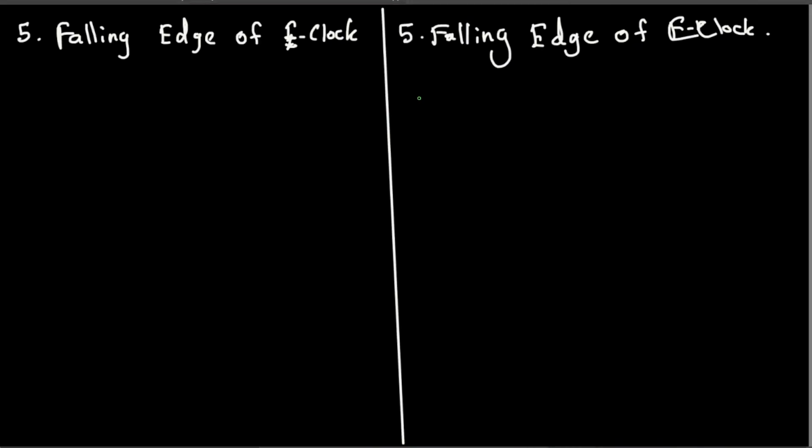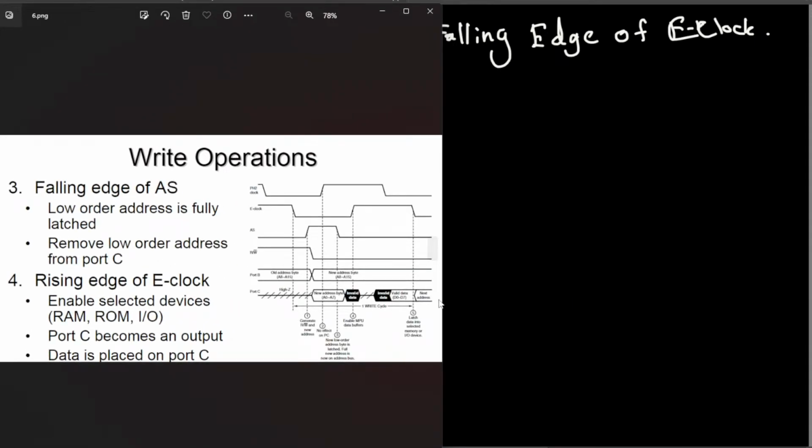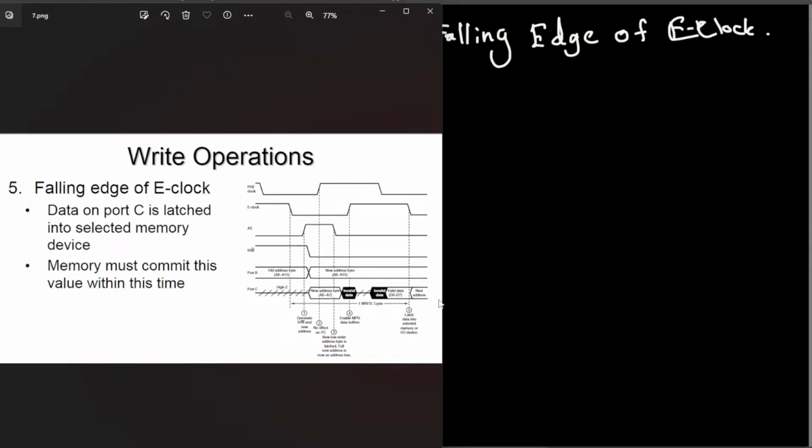The last one, we have to know what happens at the falling edge of the clock for the read and write. At the falling edge of the clock for the write operation, data on ports is latched to the selected memory device.